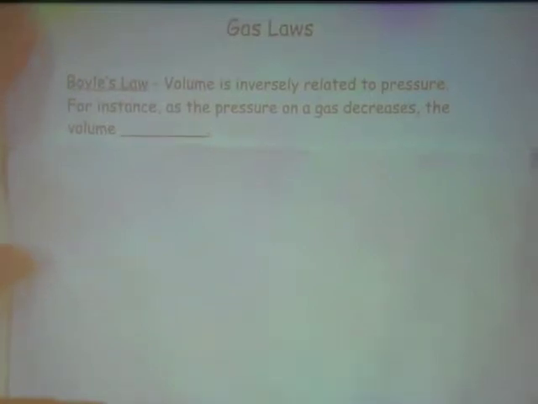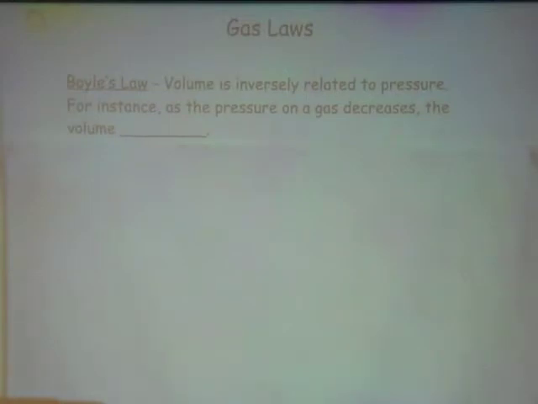Boyle's law tells us that volume is inversely related to pressure. These things are kind of common sense. As the pressure on a gas gets less and less, so the amount that you're pressing on the gas gets less and less, what do you think is going to happen to the volume of that gas?